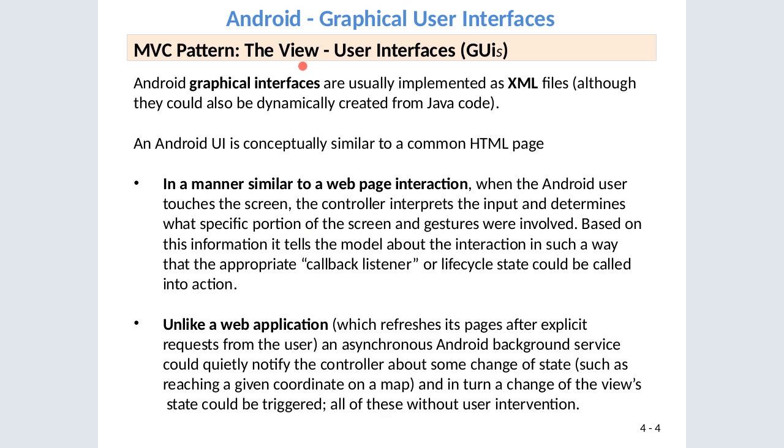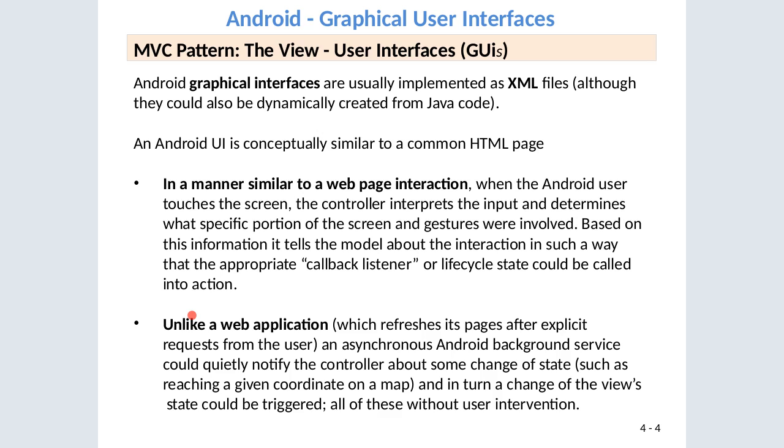Then now we can concentrate on the view, or the user interfaces. An Android user interface is similar to an HTML page, and this comes at the right moment, since you have already understood some aspects of the HTML page. You know that in an HTML page, most of your components or tags are usually nested.